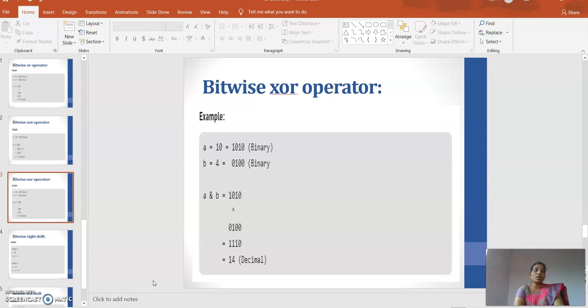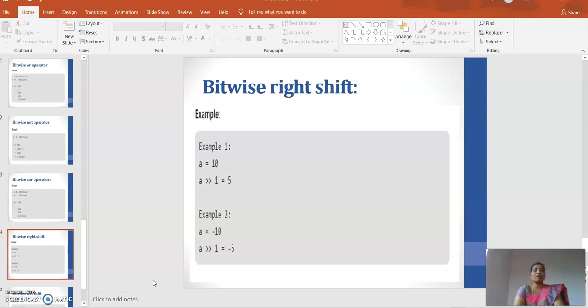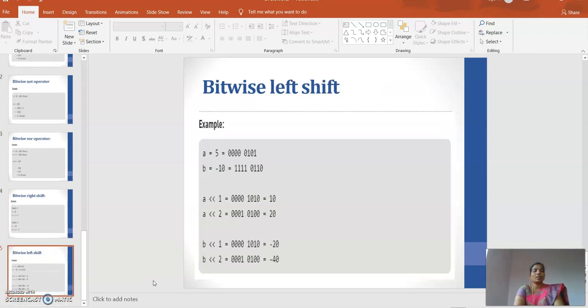If any one of the bits is 1, it produces 1. Example: 0, 0, 0, 1, 0, 1, 0, 1, 1 and 1, 0, 1. That is the bitwise XOR operator. The right shift operator shifts one position to the right, and then the left shift operator.